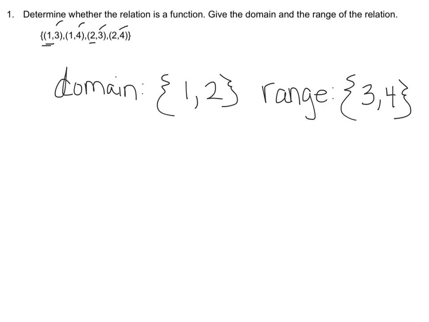So if we look at the first two ordered pairs, we have a 1, 3 and a 1, 4. Now you'll notice that the first components are the same, they're 1, but the second components are different. There's a 3 and a 4.